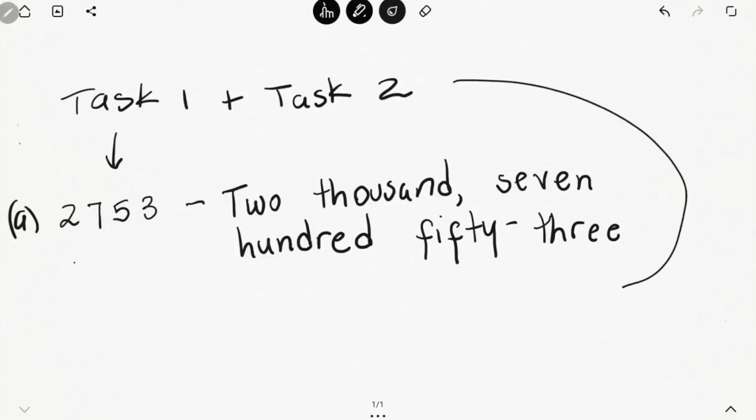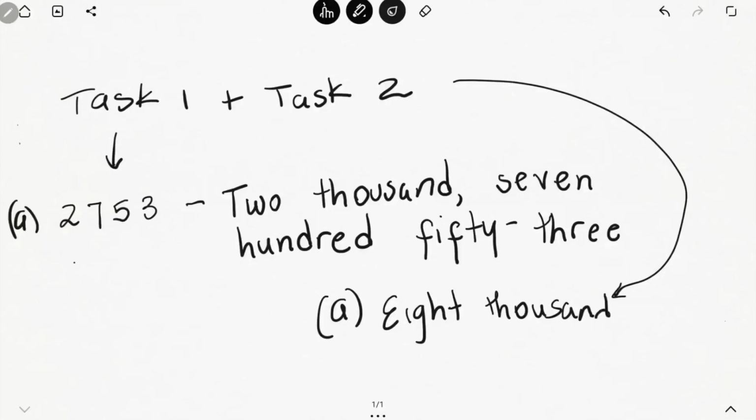Let's see what you do now in task 2 of page number 8. In task 2, they're giving you the words this time. So part A, you see 8,000. These are the words they give you. 8,000, they put a comma, 12. And what they want you to do is write the digits.